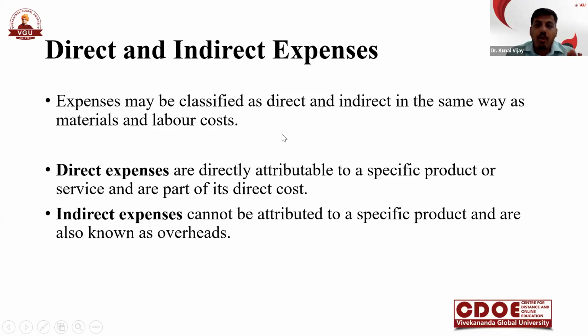Now all the indirect expenses are known as overhead. This thing is important. Here it is written that indirect expenses cannot be attributable to a specific product and are also known as overheads. So overhead means all indirect material, all indirect labor, and all indirect expenses. All are combinedly known as overheads. Now in the further lectures, we are going to study overheads.